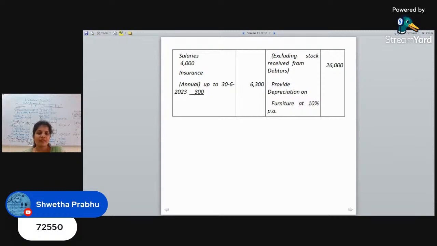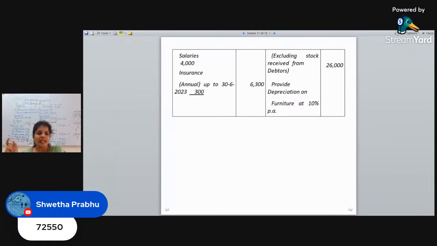This amount of insurance of 300 rupees has been paid till 30th June 2023. But the amount of insurance paid till June 2023 is not to be taken into consideration as expenditure for this year.